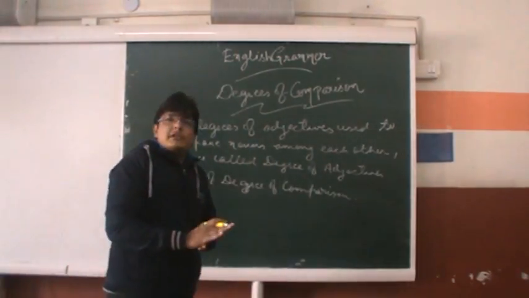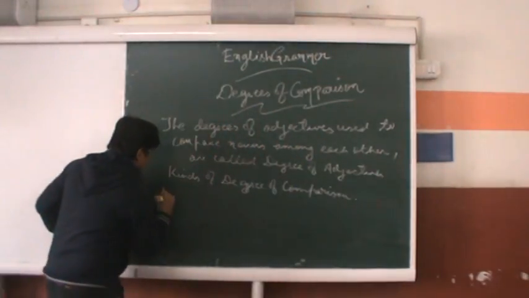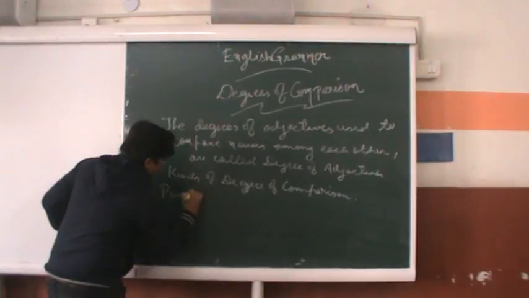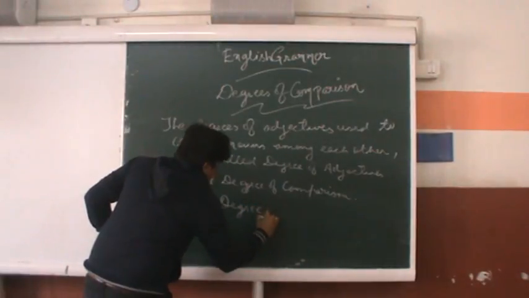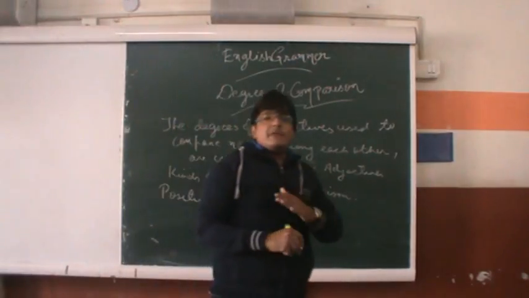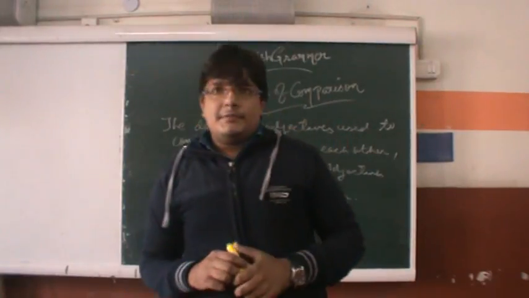so the general degree which I was talking about is positive degree. This positive degree gives us a general description about an object.